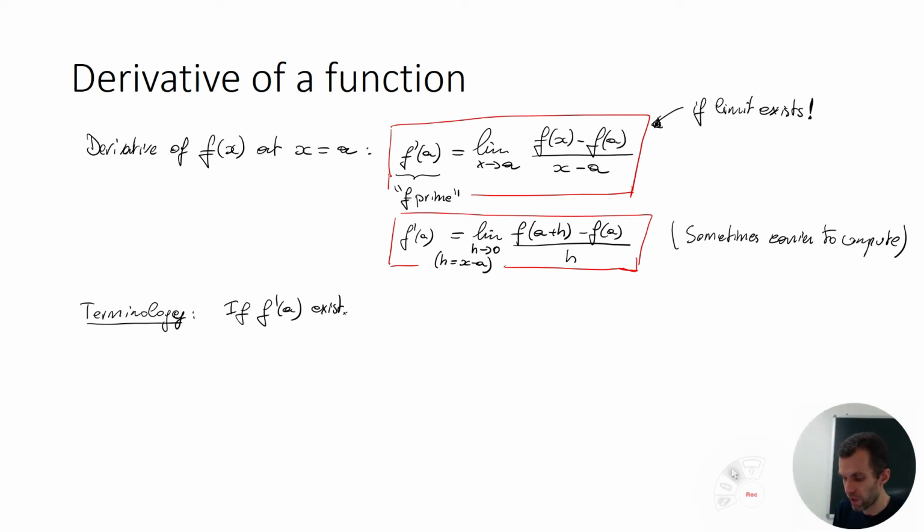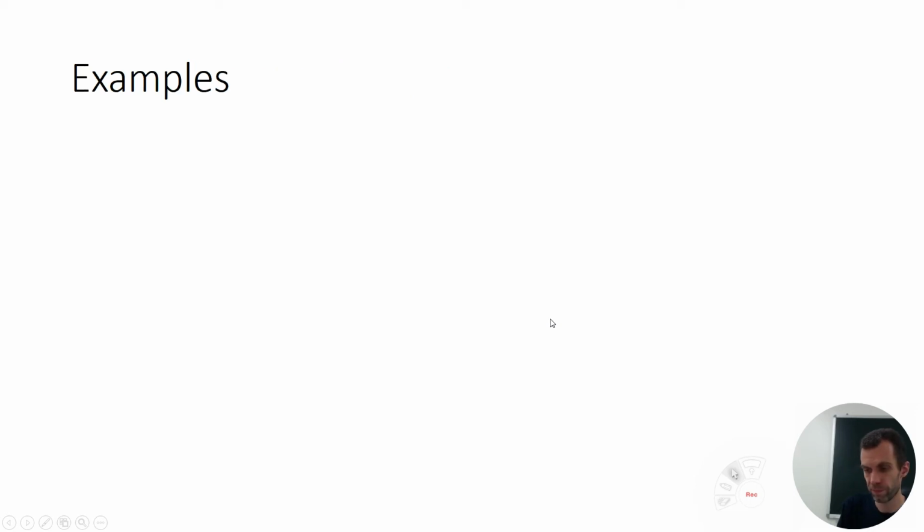But if the limit exists, then we say that f of x is differentiable at x equal to a. So differentiable is just another word for saying the derivative exists. So let's do a couple of examples.